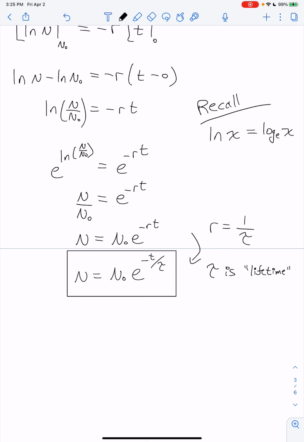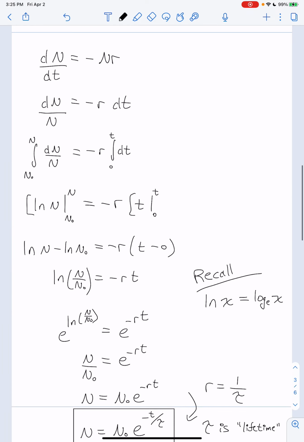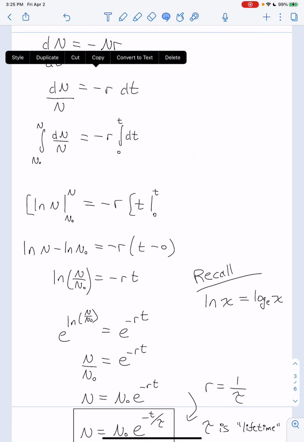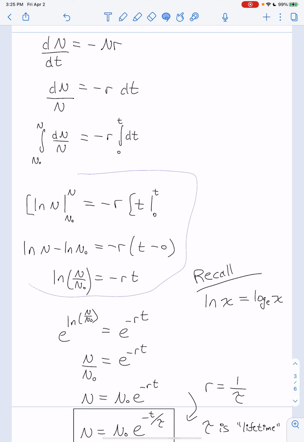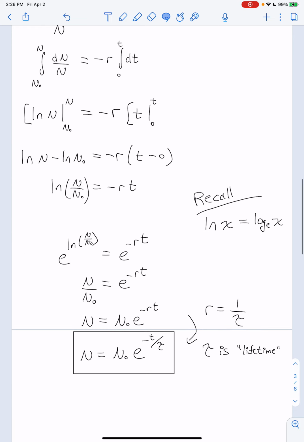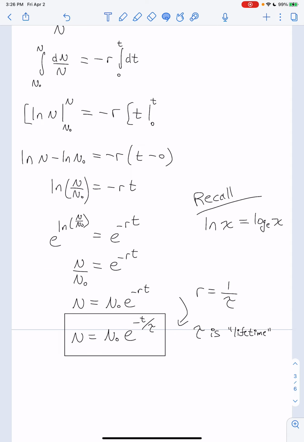Okay, so let's take a look at what this means. I'm just going to give ourselves a little bit of room to stay on one page here. What does this expression look like? Well, it's an exponential decay. And what does that mean in terms of a physical system?